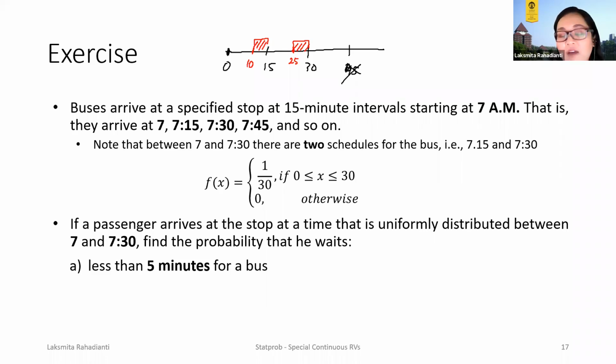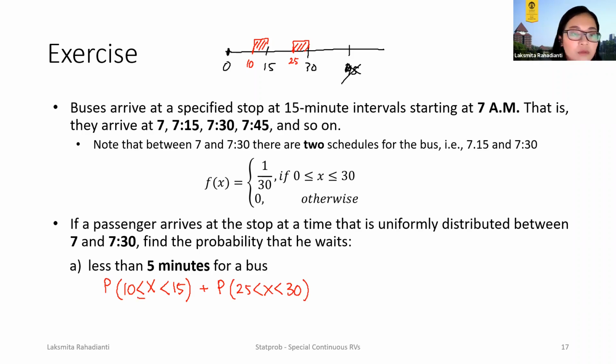In other words, if I were to write it down, what is the probability that he arrives between 10 and 15, and the probability that he arrives between 25 and 30. There we go. Sorry, interruption.